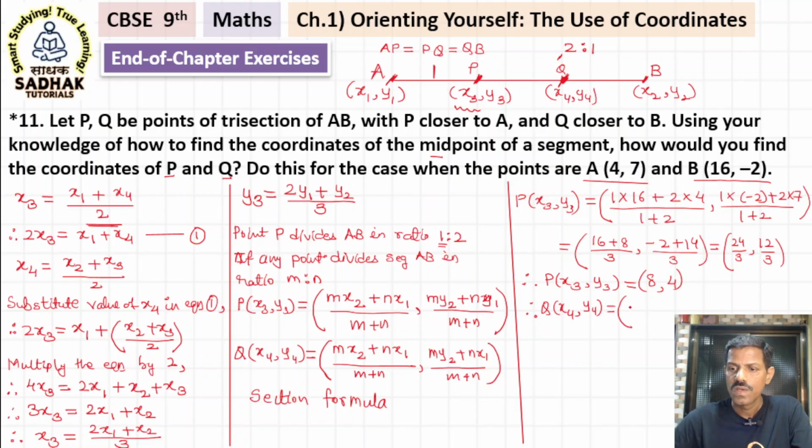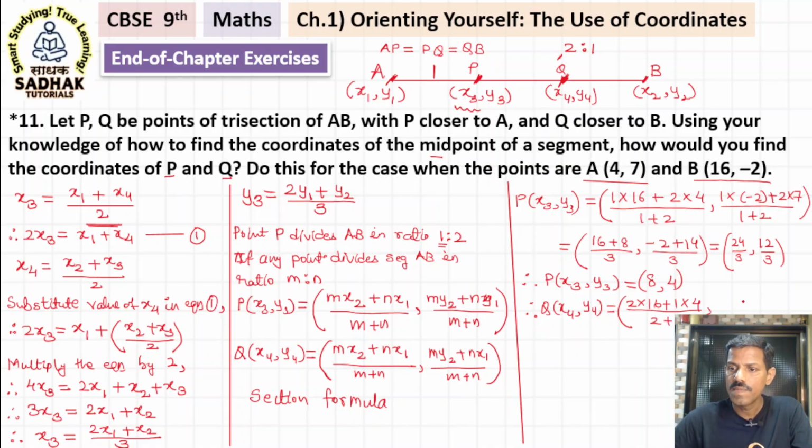So now the value of m will be 2, not 1. 2 is to 1. So m is 2. So 2 multiplied by x2, that is 2 multiplied by 16, plus 1 multiplied by the x coordinate of A, that is x1, that is 4, divided by 2 plus 1.